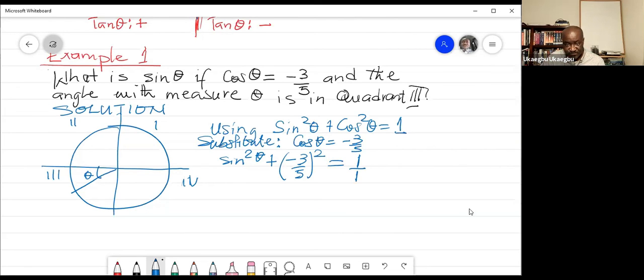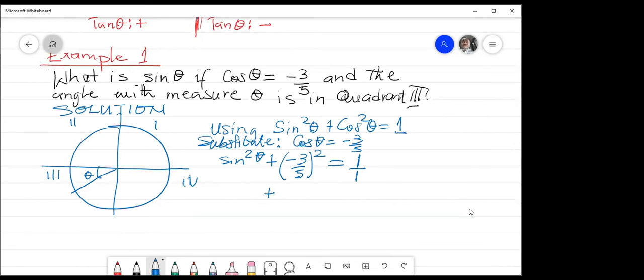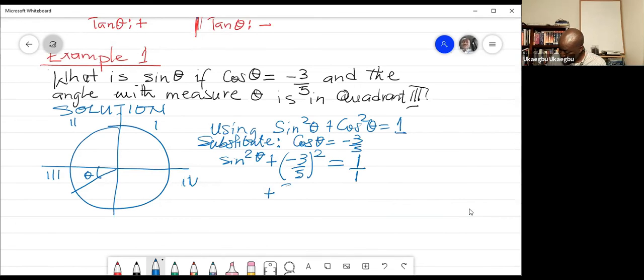So now let's simplify. -3 times -3 gives us what? Ladies and gentlemen, positive what? 9. And over what? 25. And that's equal to 1/1. Of course, you have your sine squared theta on this side as well.